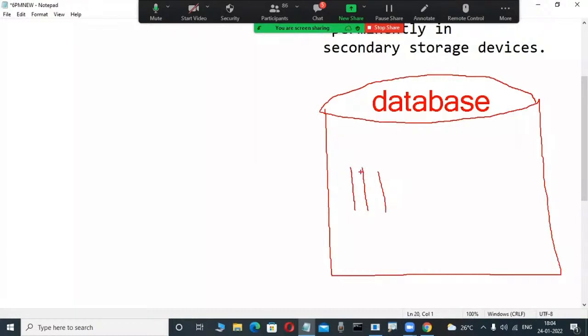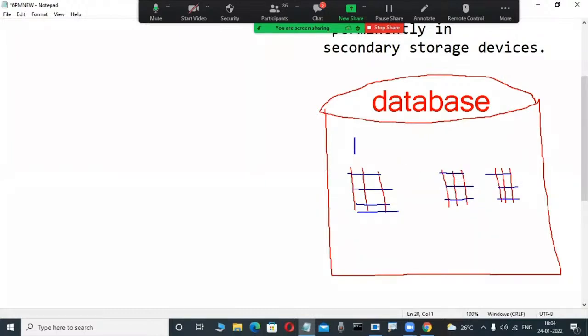Why? Because for these databases, the relational data model is the concept. Today, I will tell you. Based on that only, these products are implemented. They are called relational databases. A structured collection of data is there.